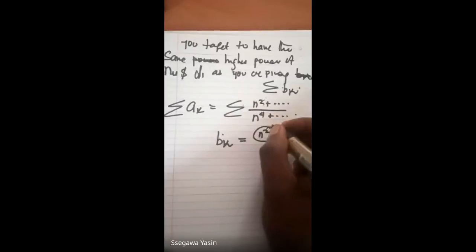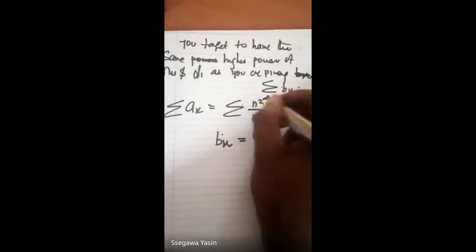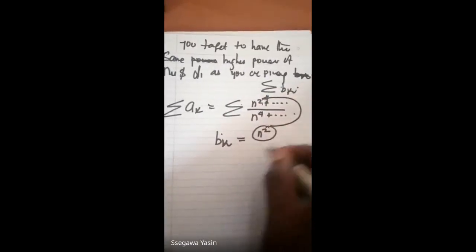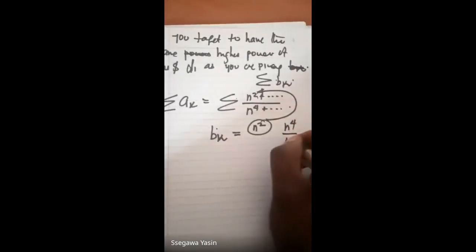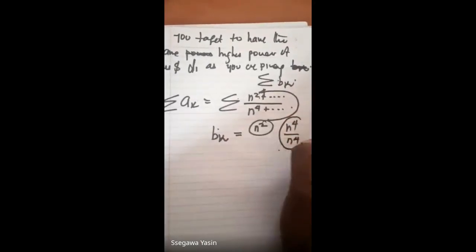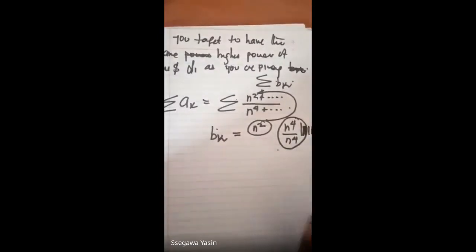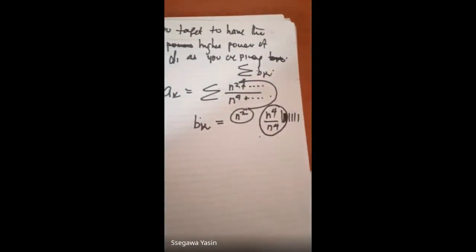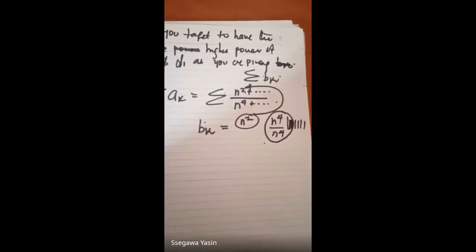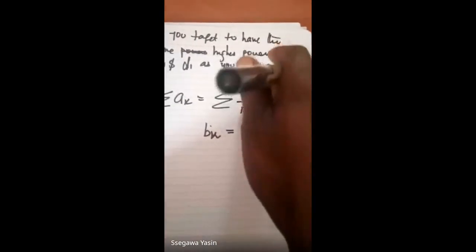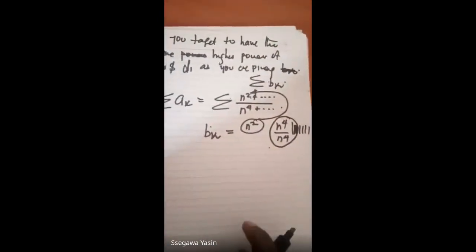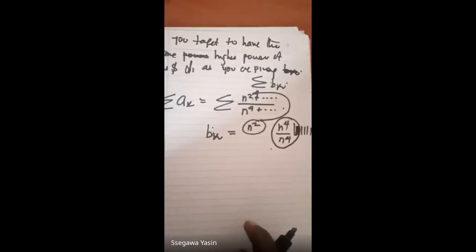So that in the process of dividing, it will be n to 4 over n to 4, so that I can divide using L'Hopital's rule in case I have reached there. That is the trick I want you to know, that you target the similar powers of the highest values in the numerator and the denominator. And that is what we are going to target today.